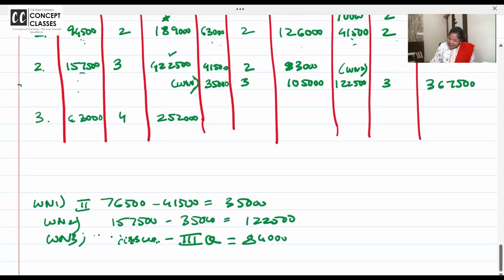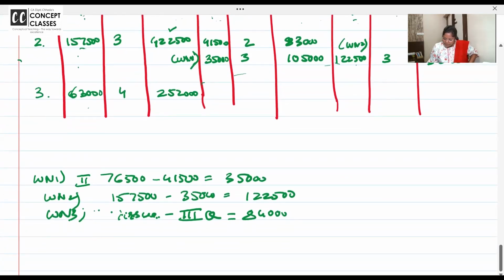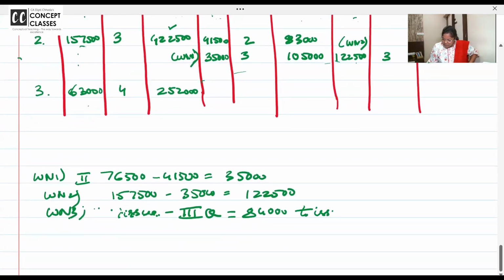Already you have 1,22,500. So first 1,22,500 you will issue, no? Then the current purchase. This is your current purchase. But this closing will become opening, no? So 84,000 units you issue at 3. 84,000 into 3.